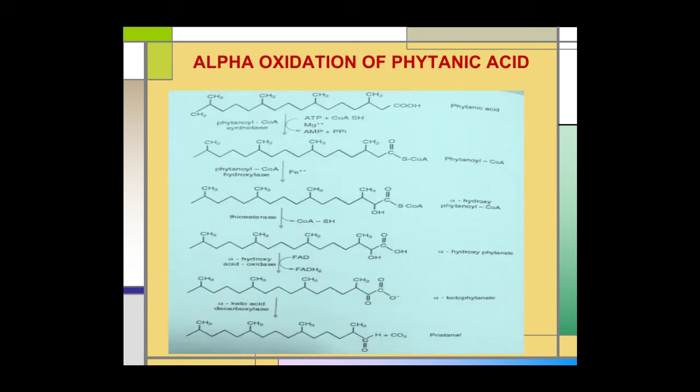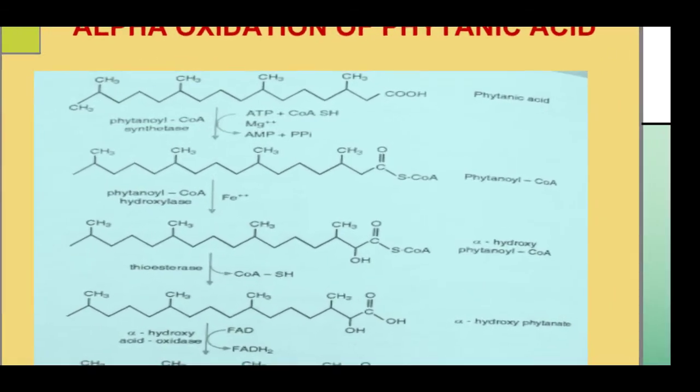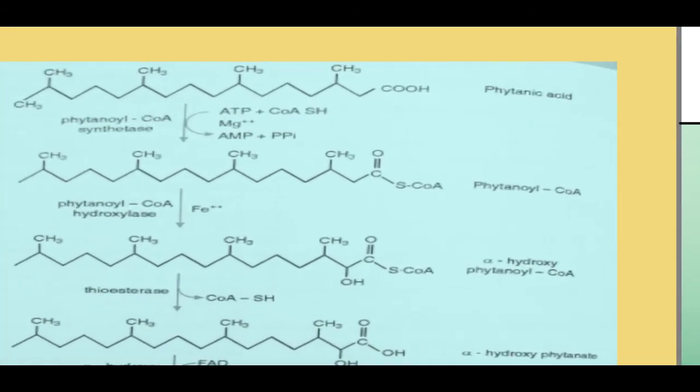Alpha oxidation of phytanic acid. In the first step, this phytanic acid binds with coenzyme A, and this reaction is catalyzed by the enzyme phytanoyl CoA synthetase. This enzyme requires ATP and Mg+2. As a result, the product formed is phytanoyl CoA.